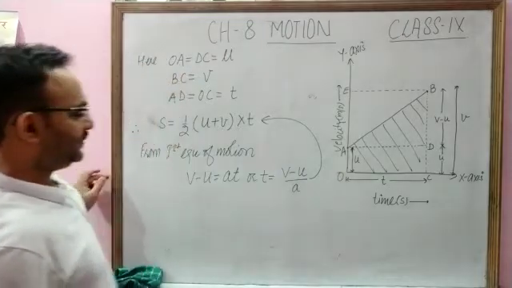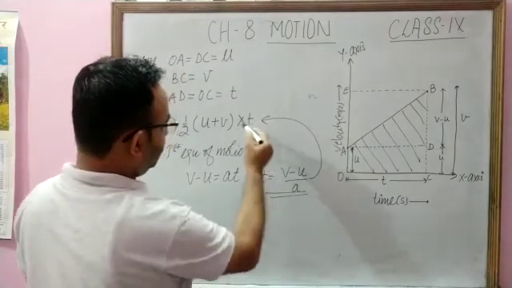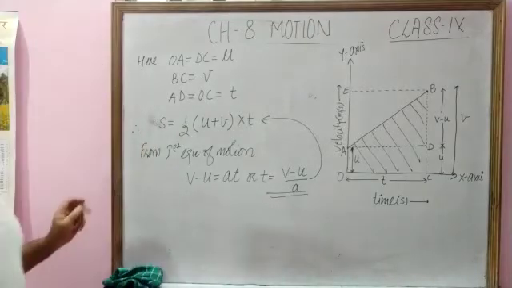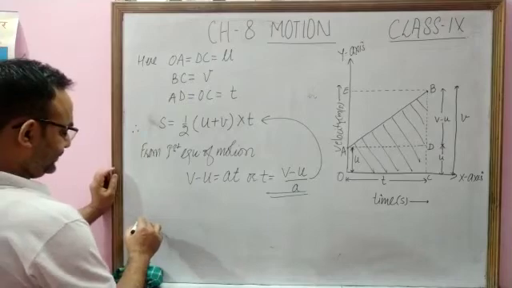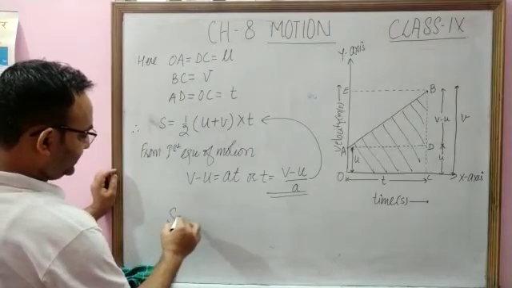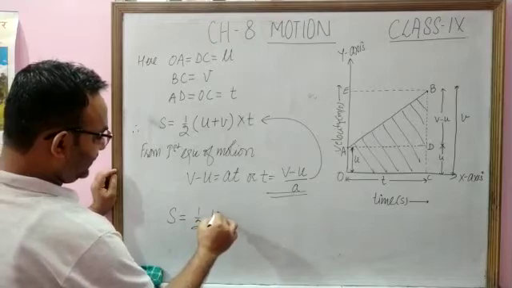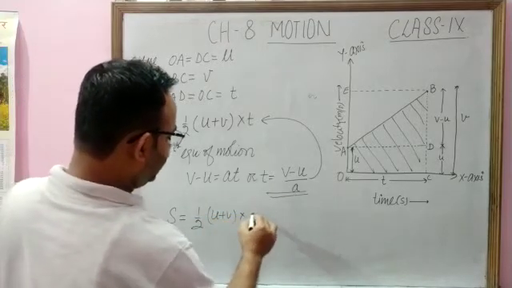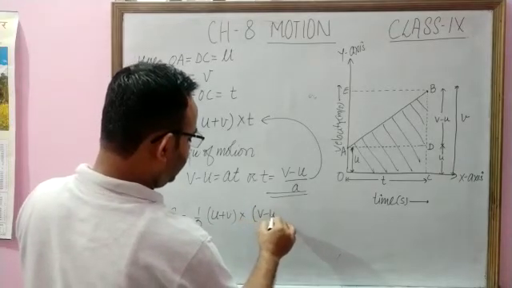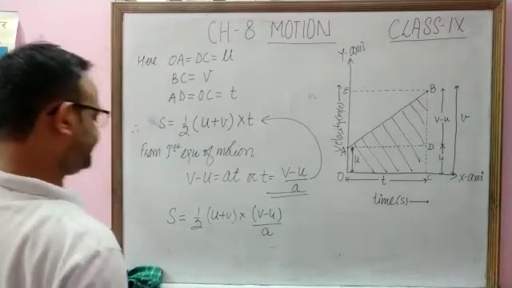Now you have to substitute this value of t in the above equation. So we will get here, therefore S is equal to 1 by 2 (u plus v) into (v minus u) upon a.